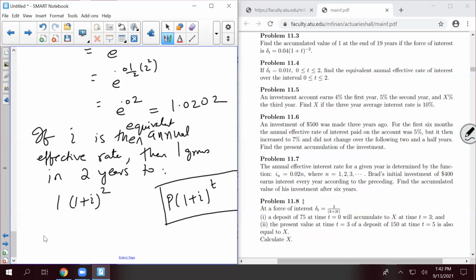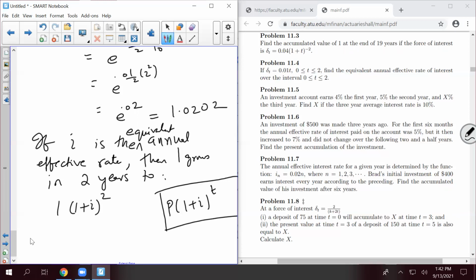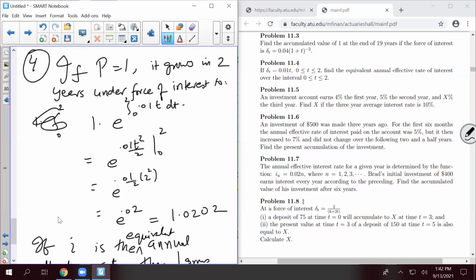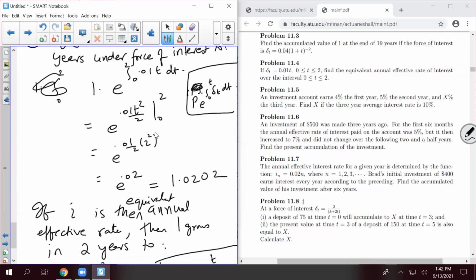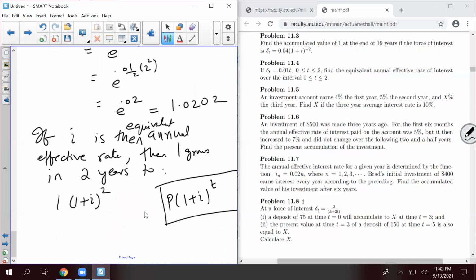Let's write the formula over there also for the force of interest: P e to the power integral from 0 to t of delta t dt. So we agree that under annual effective rate of i, it will grow to 1 times (1 plus i) to the power 2.